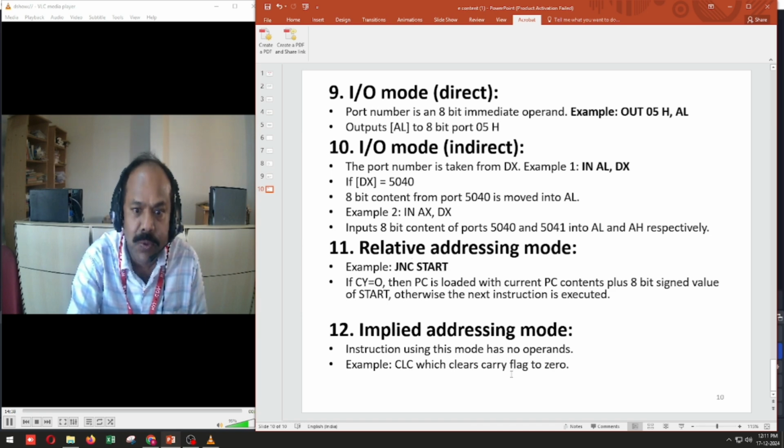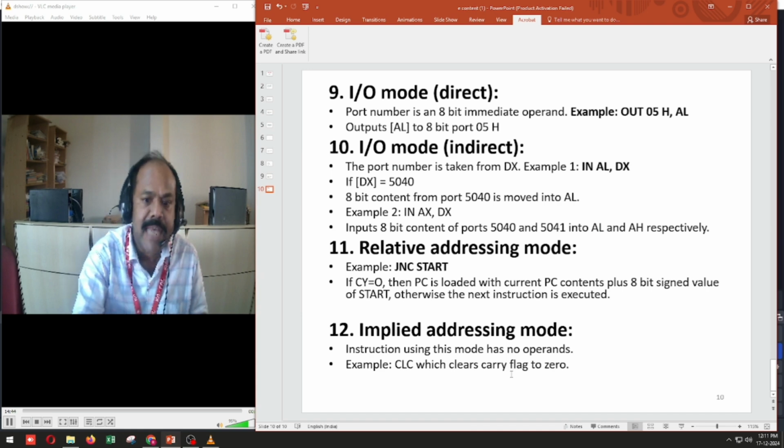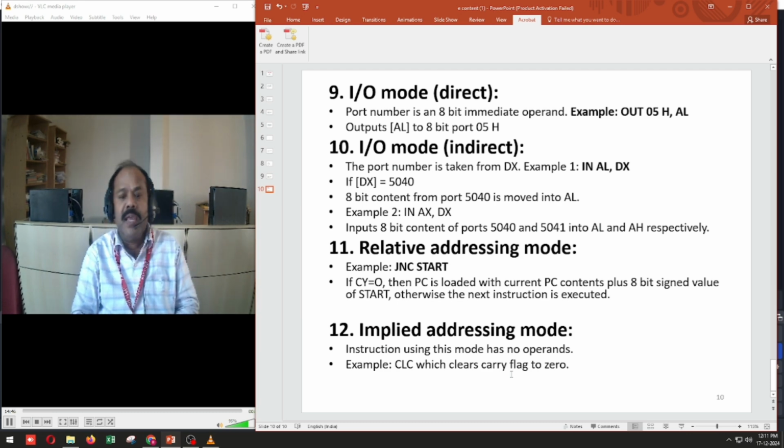And the last one is the implied addressing mode. Here neither the data nor the address will be specified. By the mnemonic itself, you will be able to know what operation the machine will be performing. You will be able to find only the mnemonic, neither data nor address. For example, look at the instruction CLC, that means clear carry.